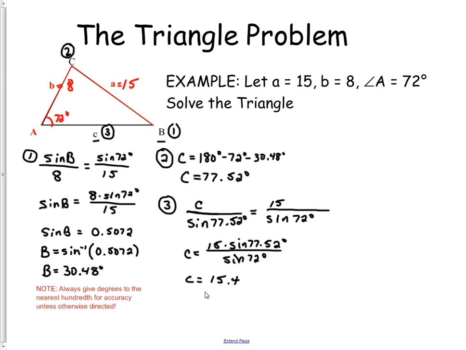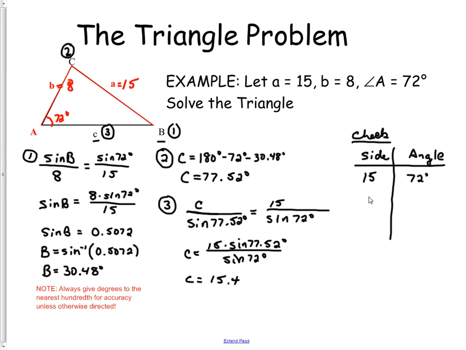All right, I always take one more step, and that is I check. Now, how can I possibly check? Well, in this case, set up a table. You're going to set up a little table that has the lengths of your sides and the sizes of your angles. This is just a very simple little test. In this test, you put the length of each side opposite its angle. We were given that the length of side A is 15, and its opposite angle was 72 degrees.